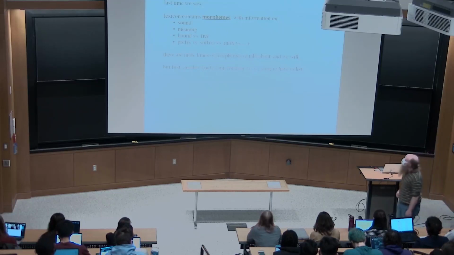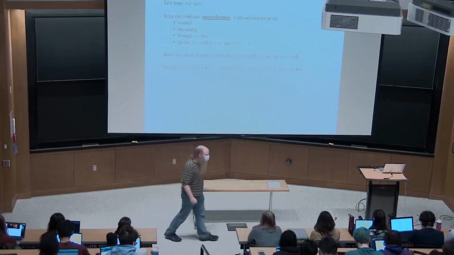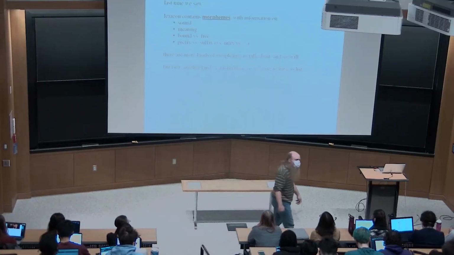Each morpheme we're going to need to tag with information about its sound, so how it's pronounced, its meaning, and then information like, is it a bound morpheme or a free morpheme? That is, is it the kind of morpheme that needs to combine with another morpheme or not?